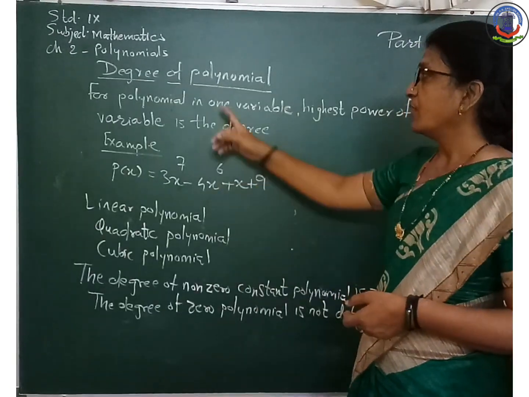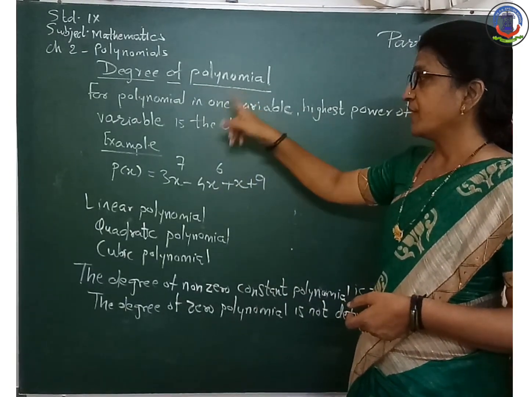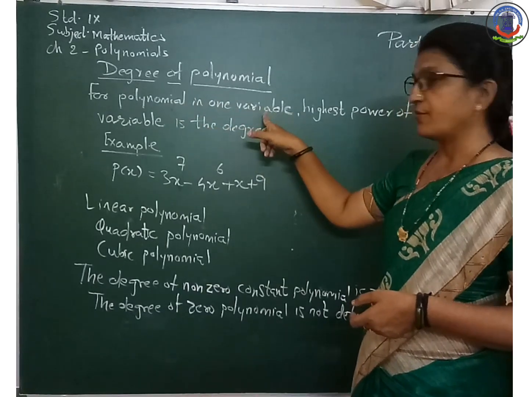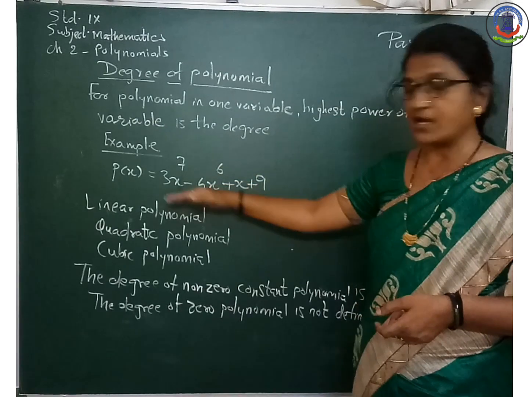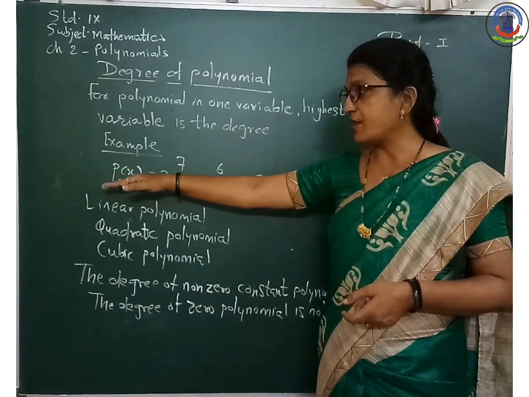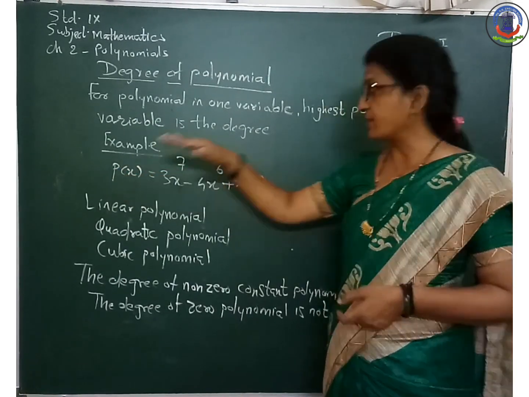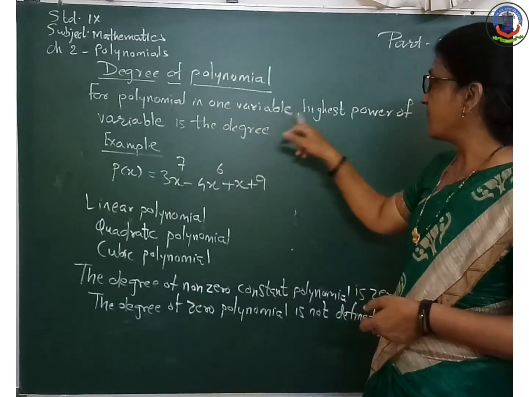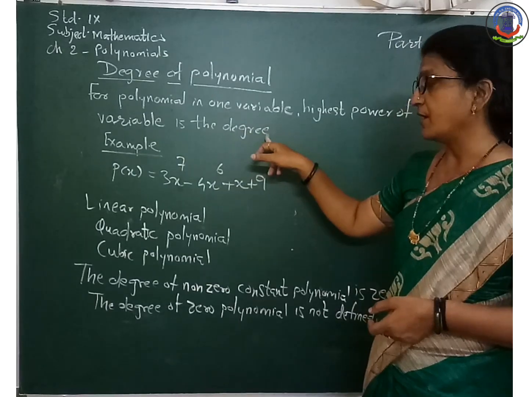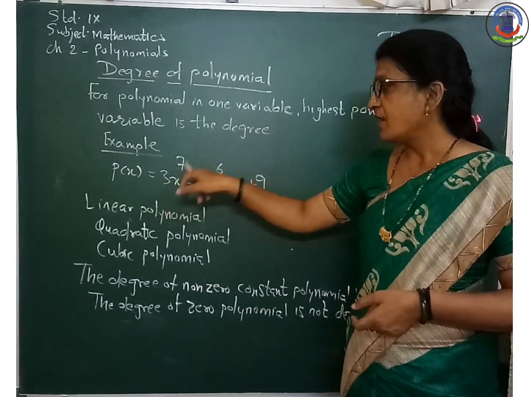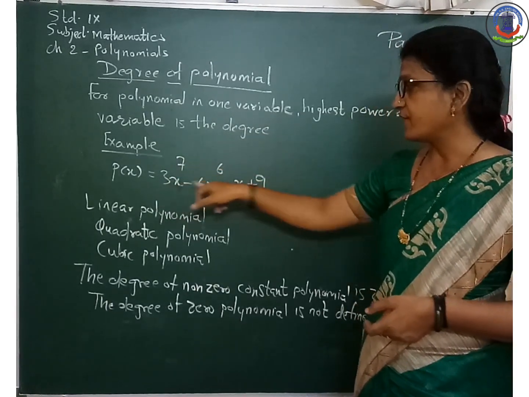Now the degree of a polynomial. For a polynomial in one variable, where only one variable is used, here the variable is x, so it is denoted as a polynomial over x. For a polynomial in one variable, the highest power of the variable is the degree. Here x is the variable with different powers in different terms.